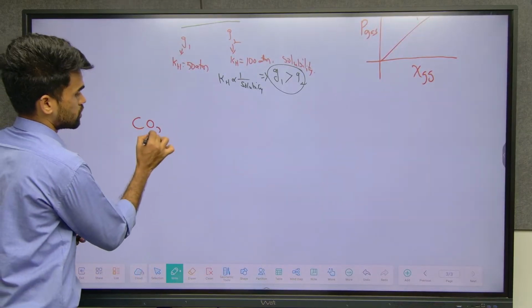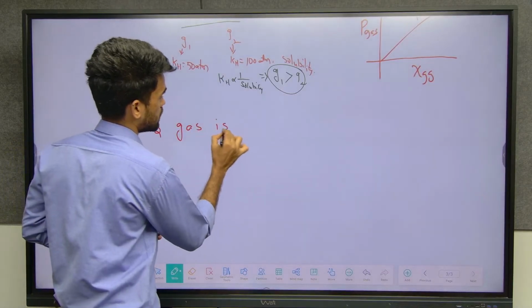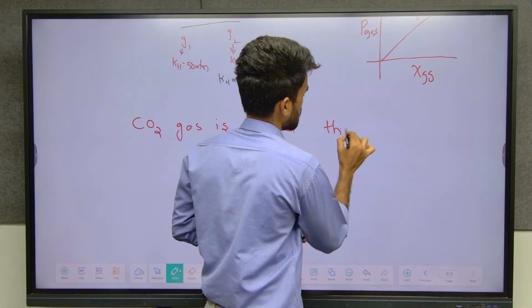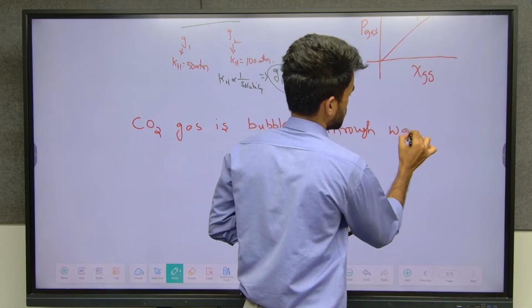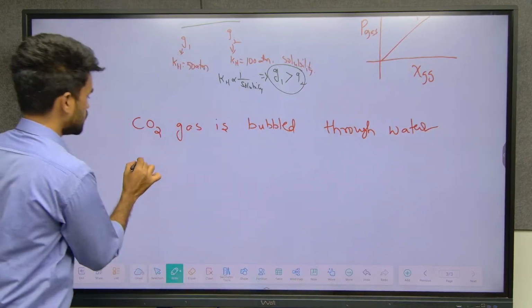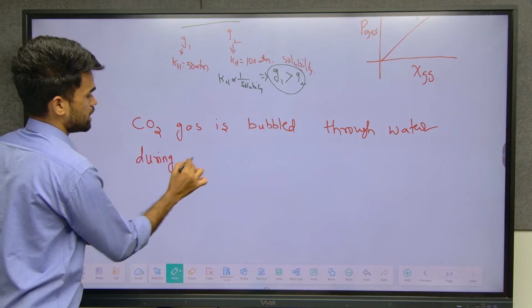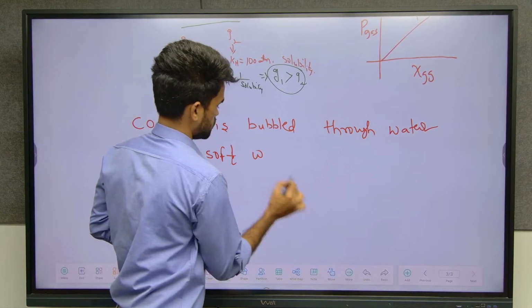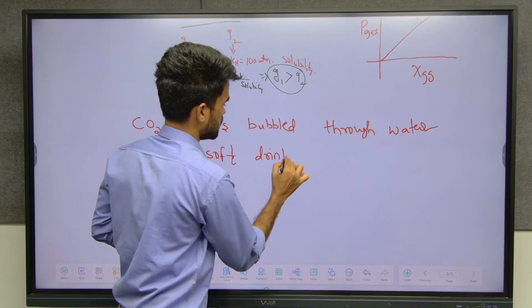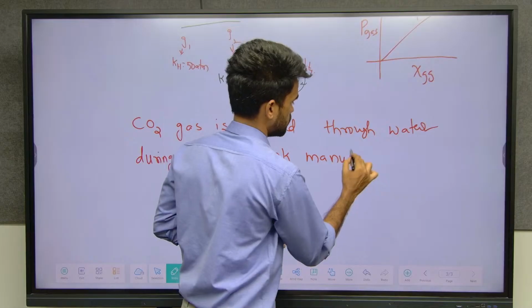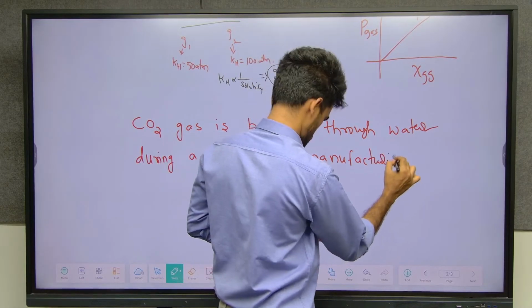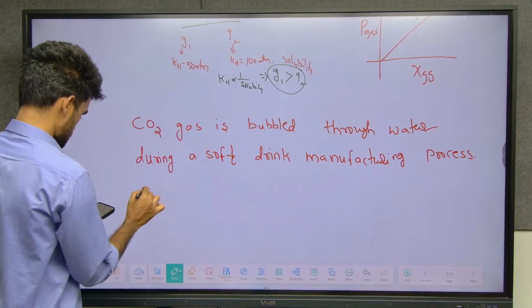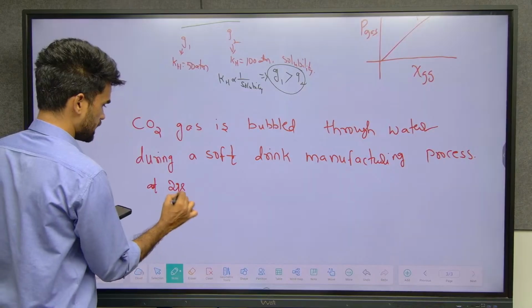CO2 gas is bubbled through water during a soft drink manufacturing process at 298 Kelvin.